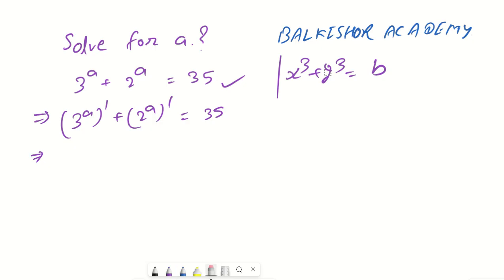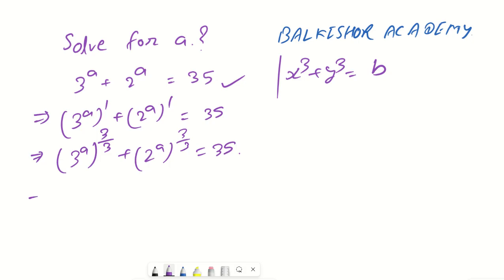So that's the reason I am going to write 3 by 3. So if we do that, we get 3 to the power a to the power 3 by 3 plus 2 to the power a to the power 3 by 3 is equal to 35.